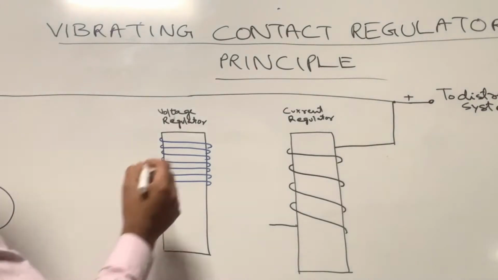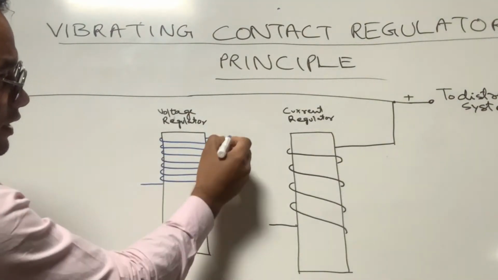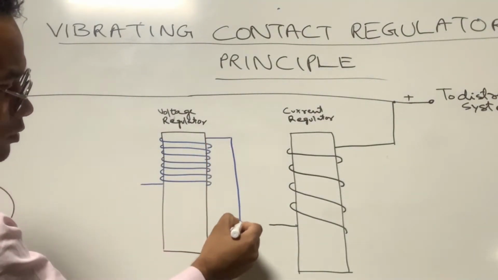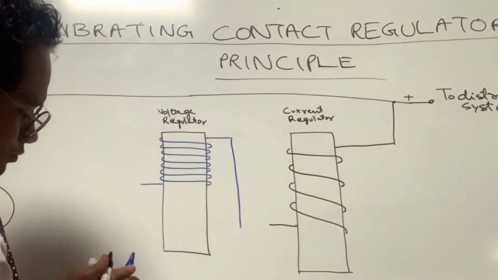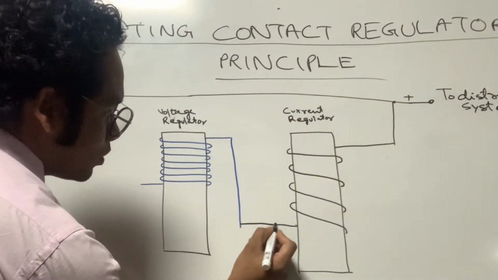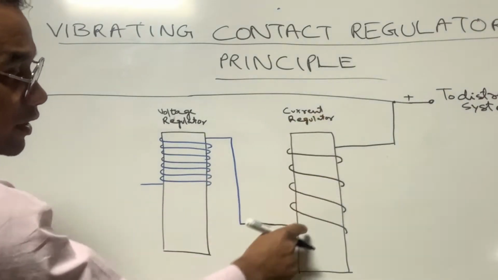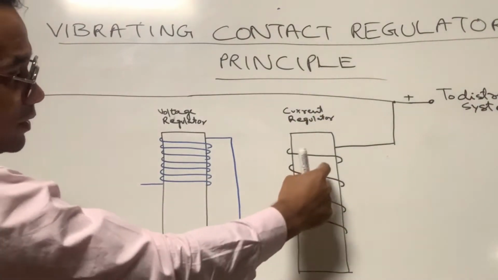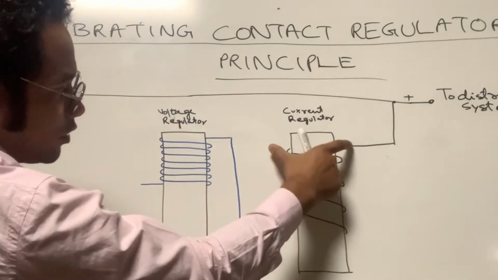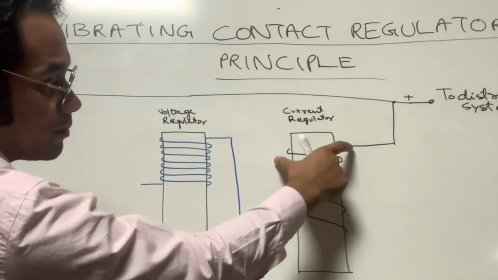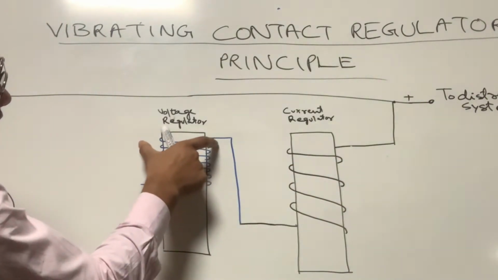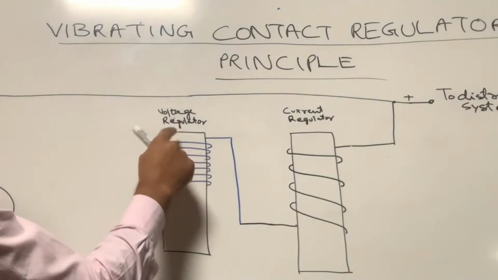So this shunt winding is connected in series with the current regulator's winding. That means this winding of the current regulator, which is in black, is connected with the shunt winding of the voltage regulator.